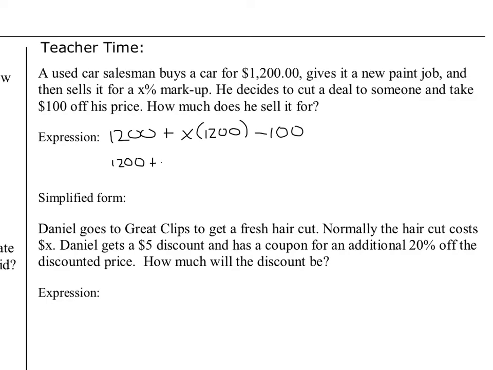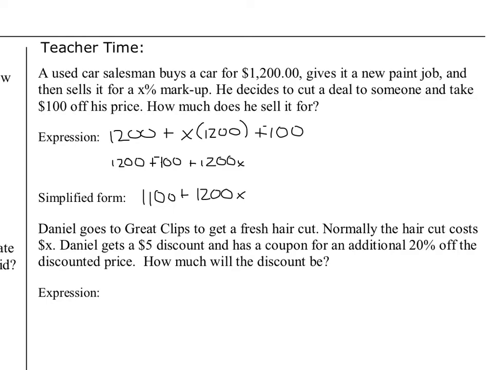So he's going to get his 1,200 next to his negative 100, and then just rewrite this as 1,200x. And combining like terms, he's going to get 1,100 plus 1,200x.